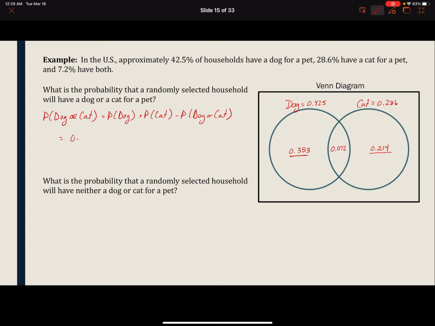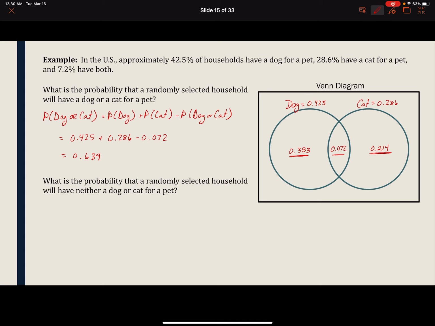And so I'll have 0.425 plus 0.286 minus 0.072, and we will get 0.639. And again, we could use the diagram, and if we add 0.353 plus 0.072 plus 0.214, we'll also get 0.639.